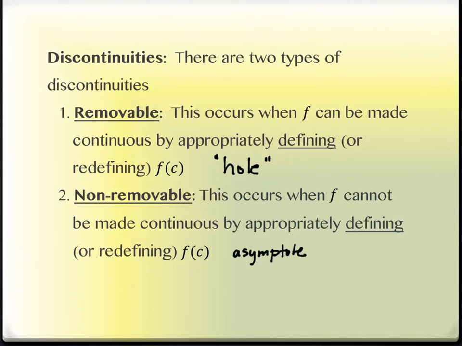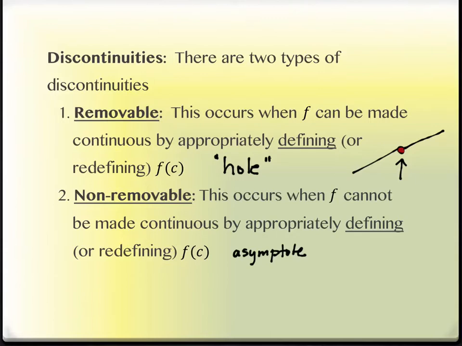So let me draw a picture of each of these so you can see why they're different, and talking about this defining and redefining. If you have my visual of a hole in the graph, then at this particular point there's a discontinuity, right? Yeah, because there's a hole in the graph. But if you were able to fill in the hole in the graph and define that that point is going to equal whatever that y value is, where the hole in the graph is, it would then be continuous, right?